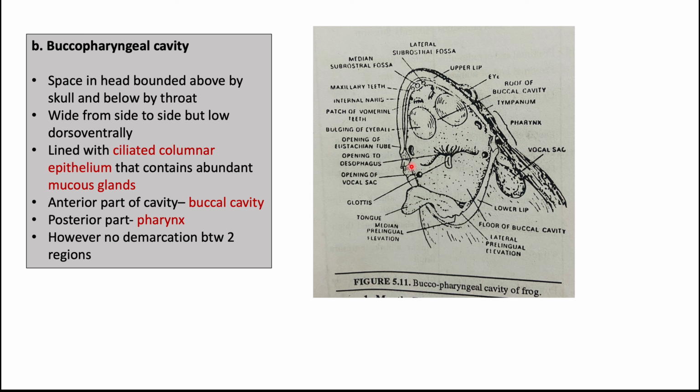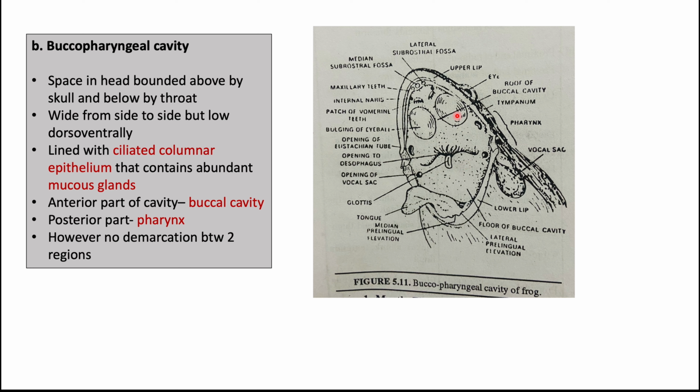It is wider from side to side as the mouth was wide, but dorsoventrally it is low. And this buccopharyngeal cavity is lined with ciliated columnar epithelium, which contains abundant mucus glands.